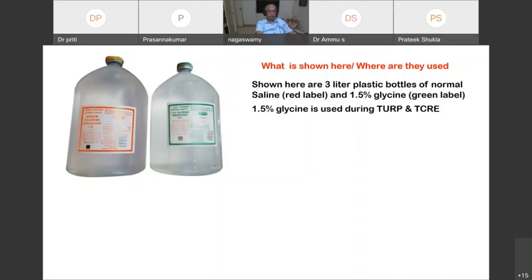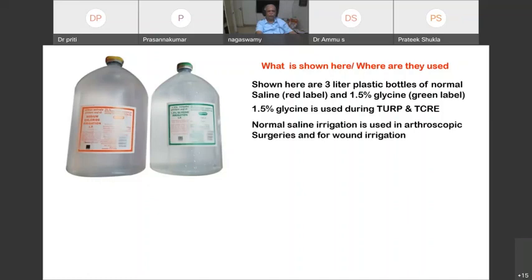What is TCRE? Transcervical resection of endometrium, sir. Excellent, a gynecological indication. For DUB, they used to try this.